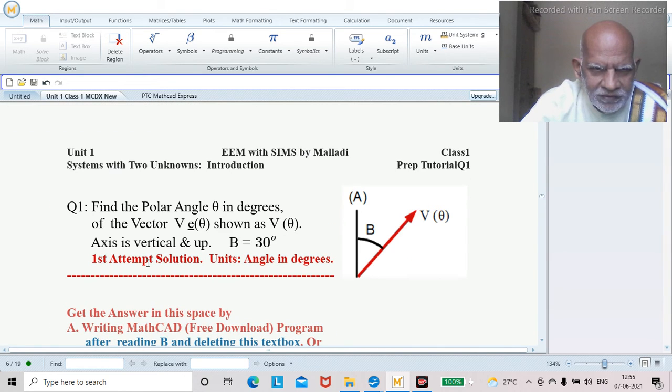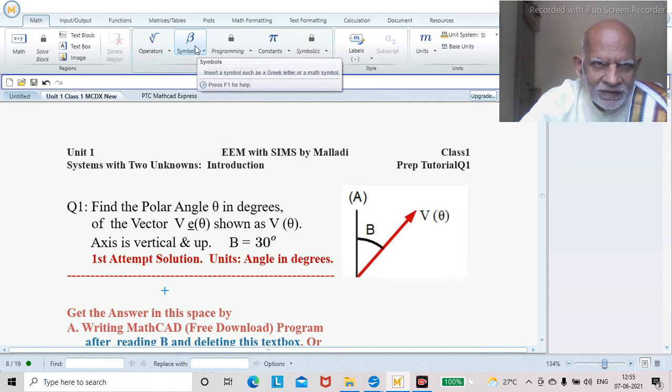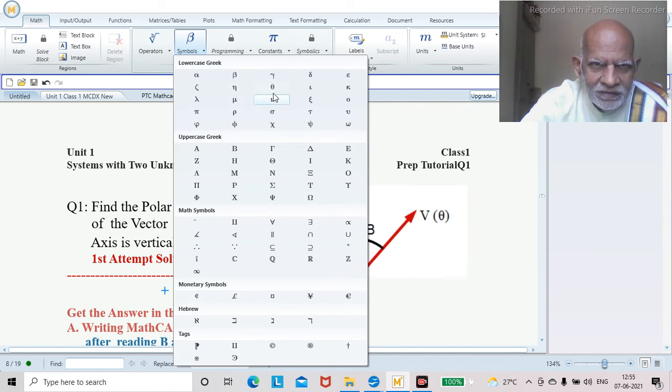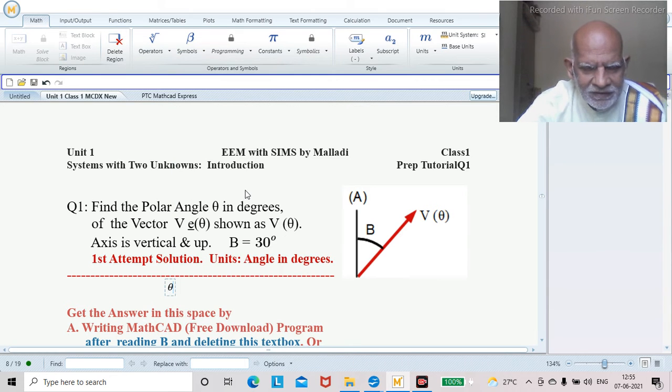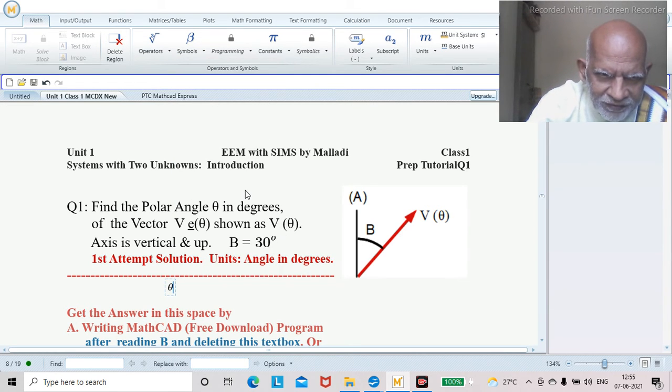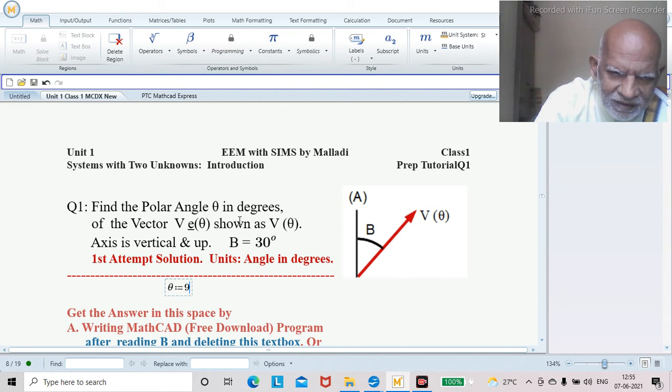I'll put plus here and then say theta equal to, and I have to do it in the form of an expression: 90 degrees, and then I have to put degrees here.